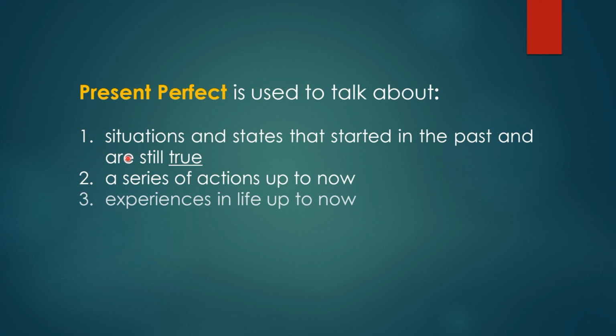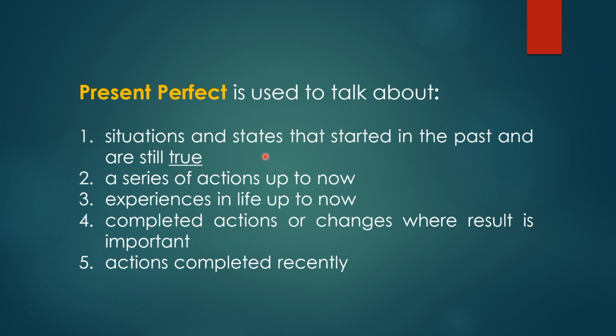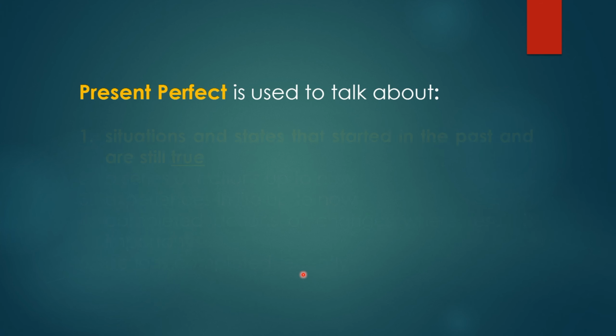So it is usually used to talk about situations and states that started in the past and are still true. Well, this is the link to present time. A series of actions up to now, experiences in life up to now, completed actions or changes where the result is important, and finally, actions completed recently.